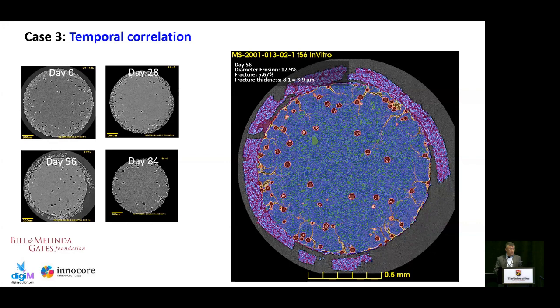In this particular AI system, we were able to differentiate and recognize the remaining API in green and polymer in blue. And then we have 3 porosity systems. We have the pre-existing pores, this larger void space, which we also see from day 0.